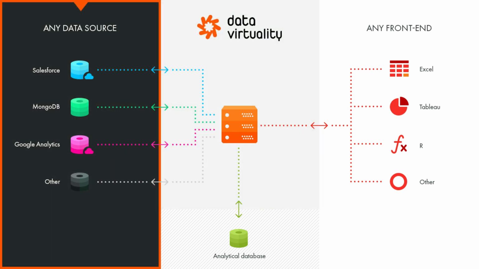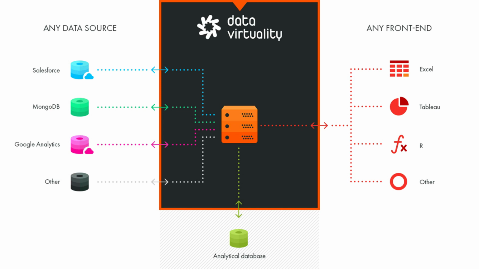We have connectors to more than 100 different systems, and as soon as you connect them, they can already be joined and are integrated in a scalable way. The next step is to create a logical data model on Data Virtuality Server. Since it does not rely on physical extraction of the data, it is very flexible and agile and can react to your business changes very quickly.